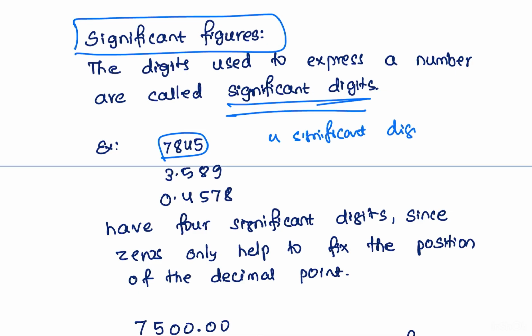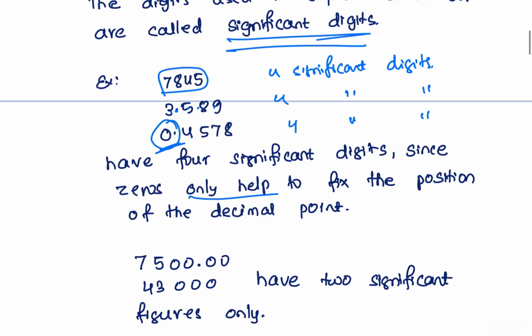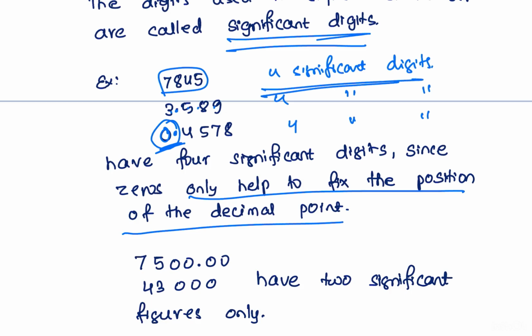In 0.4578 we also have 4 significant digits, because we do not count the 0, since it only helps to fix the position of the decimal point. Therefore these three numbers have 4 significant digits.